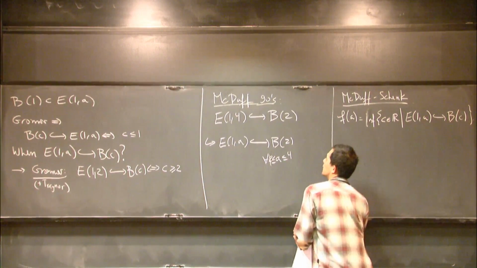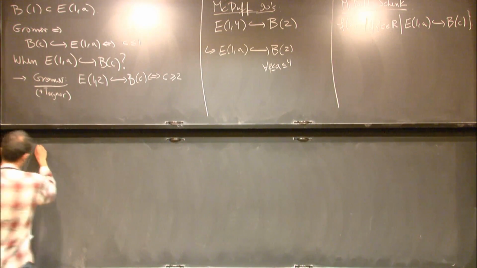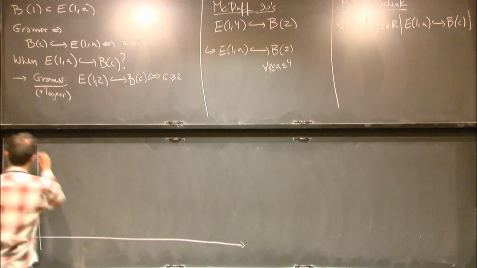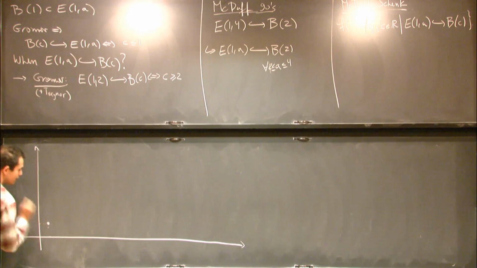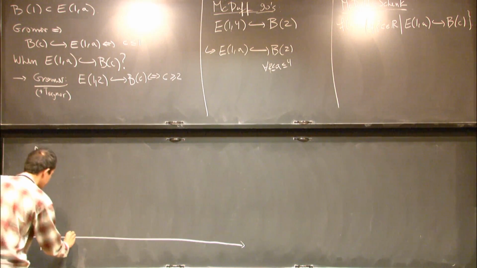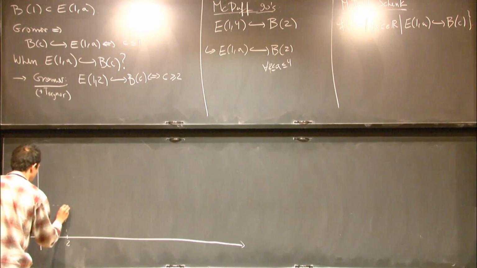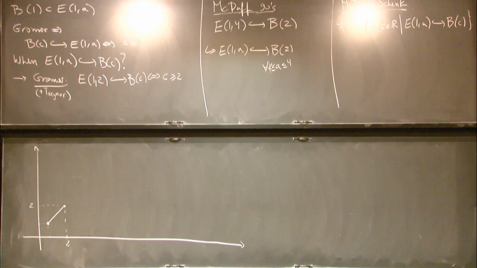So I'm going to use the next board because I'll do a little sketch of the graph. So f of 1 is 1. That's pretty obvious. I told you that f of 2 is 2. They show that it has to be linear between 1 and 2.